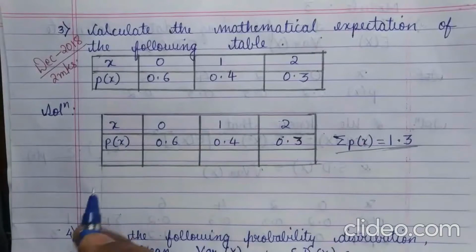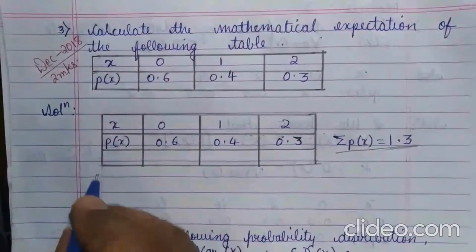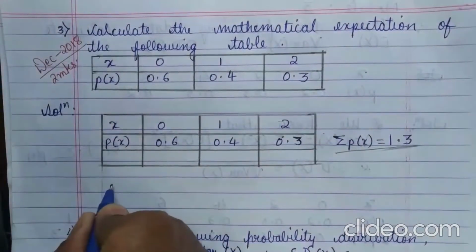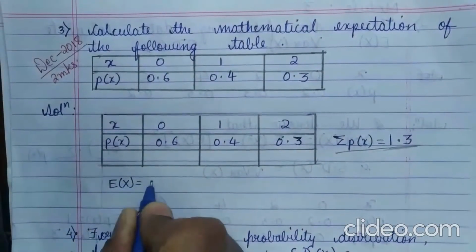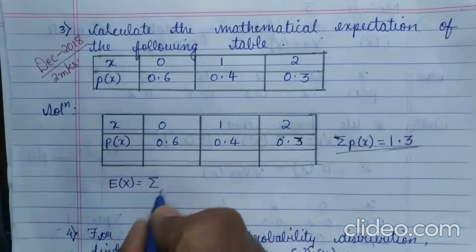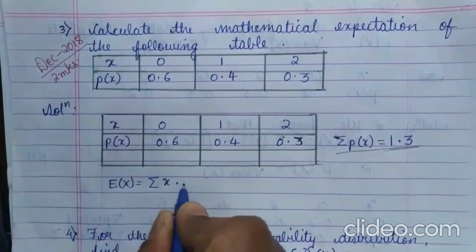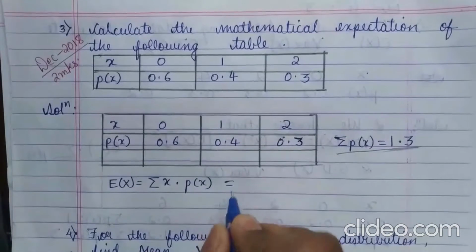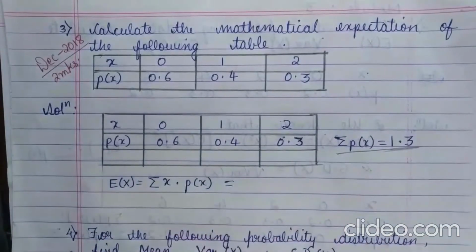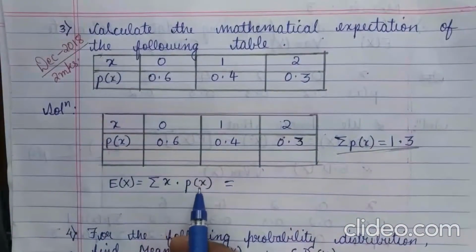To find the mathematical expectation of x, that is E of x, we know the formula. E of x is equal to the summation of all x into p of x. So I have to first find x into p of x.